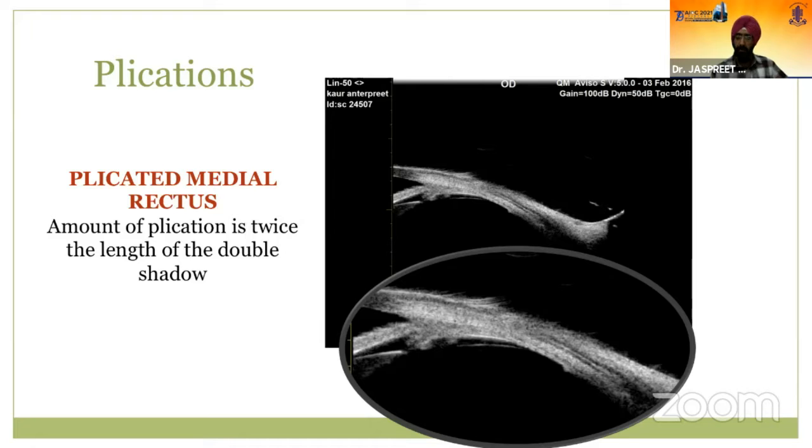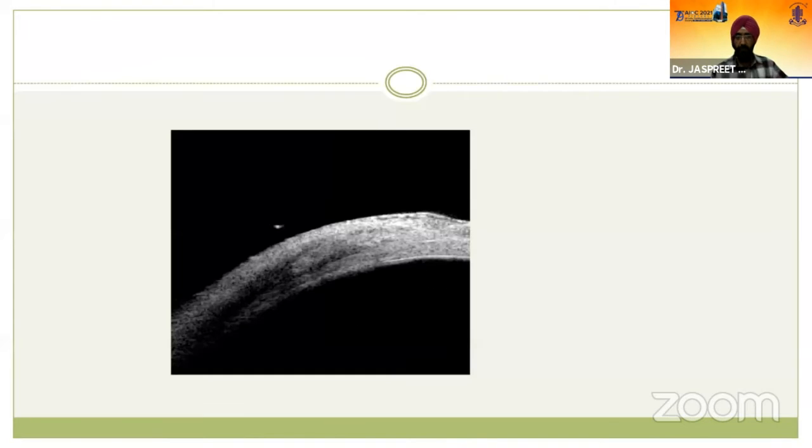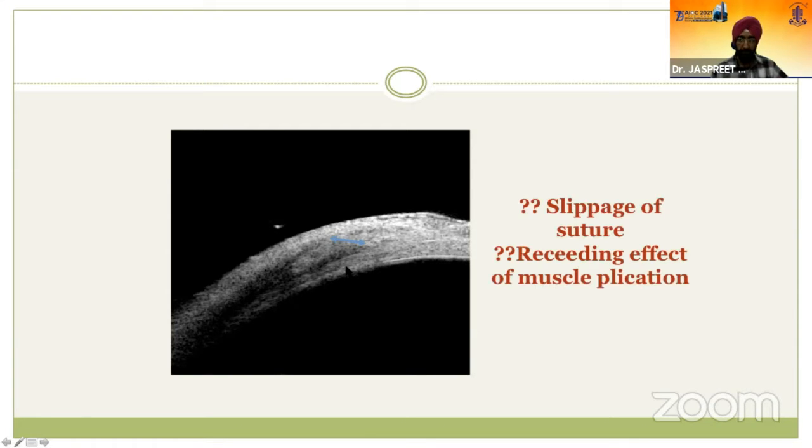When your patient has had plications and you want to know how much has been done and what has gone wrong after a certain period of time, like this patient here. You can see the shadow above is receded as compared to the shadow below. So this is a plicated muscle. Now, is it a slippage of suture or is it a receding effect of the muscle plication?